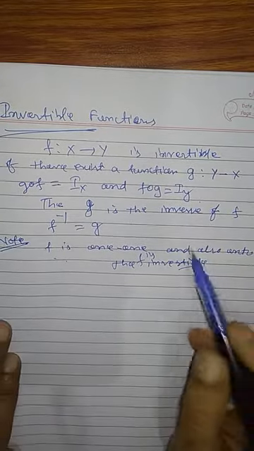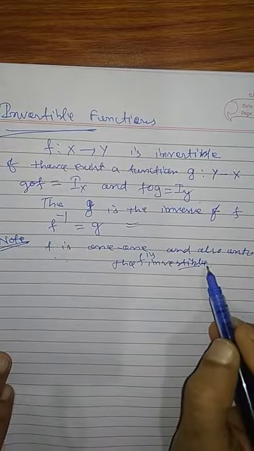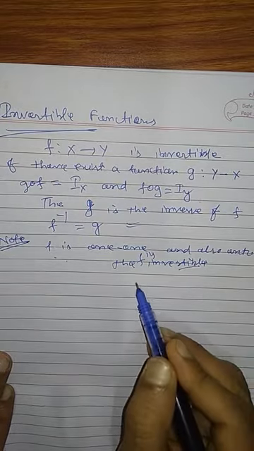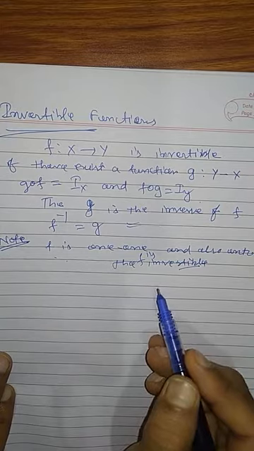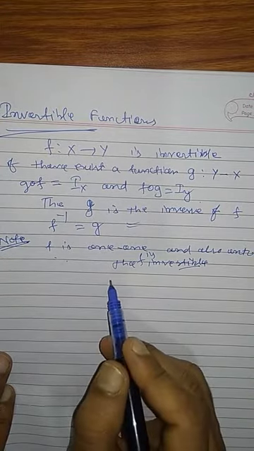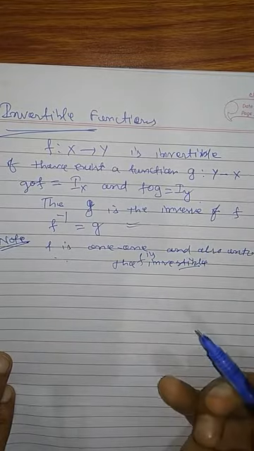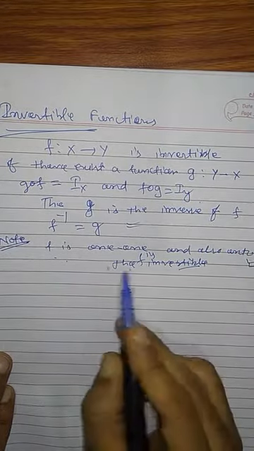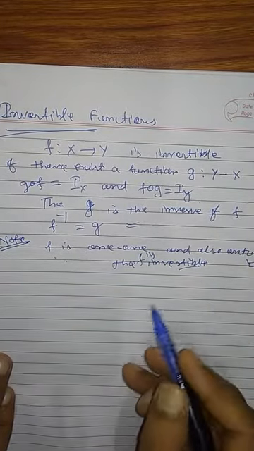If both processes are correct, you can apply either, but it is advisable to find the inverse of the given function. If the inverse is not to be determined, proving one-one and onto is the easier procedure.